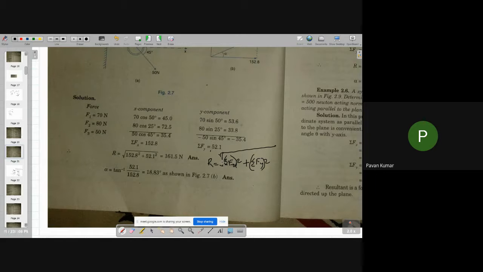So this is our equation, and we will get the resultant. Now the angle alpha, I already told you that it is tan inverse of sigma fy by sigma fx, then you get the angle also. I hope it is clear.